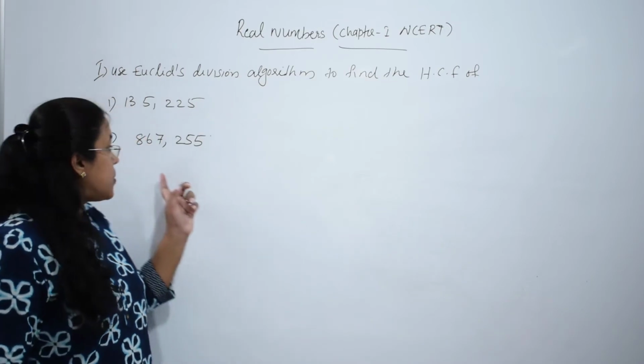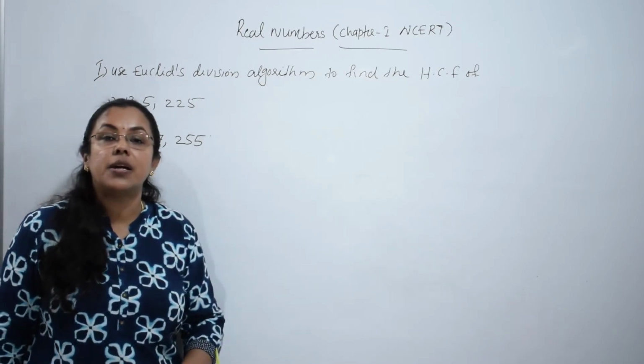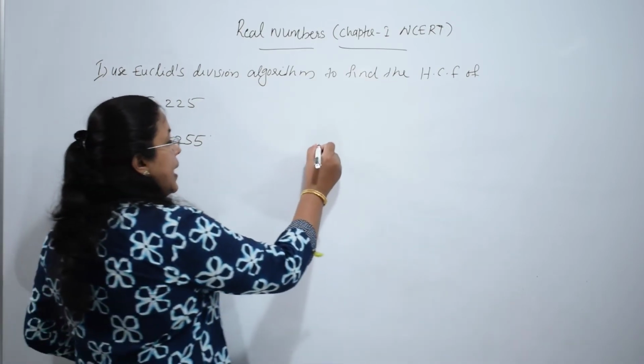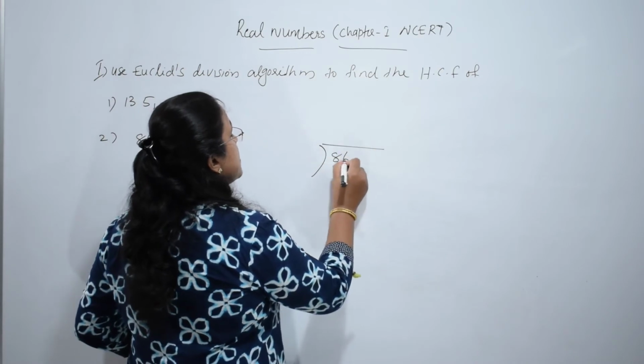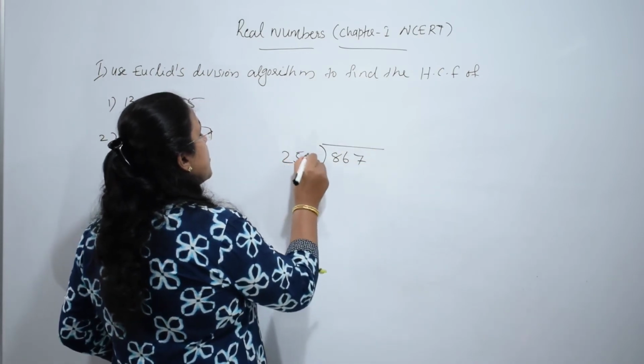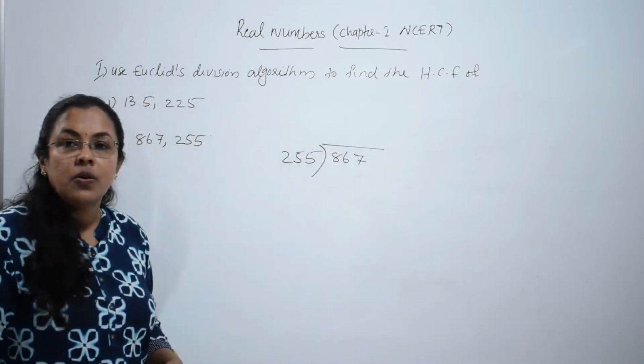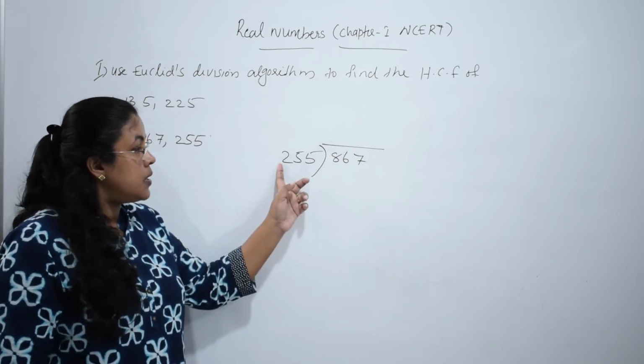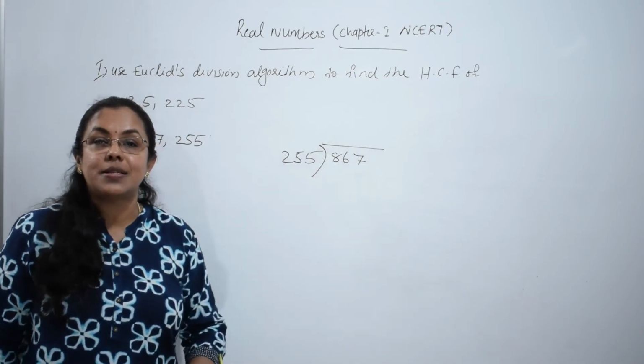Now look at the second question. 867 and 255. How many times 255 comes in 867?